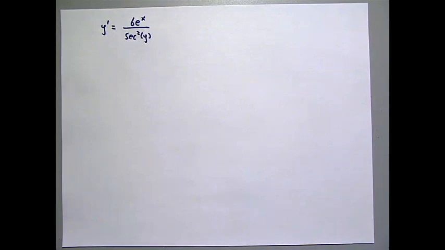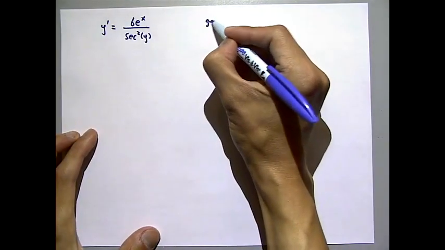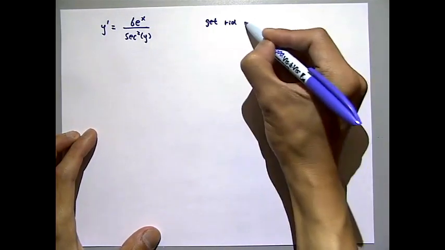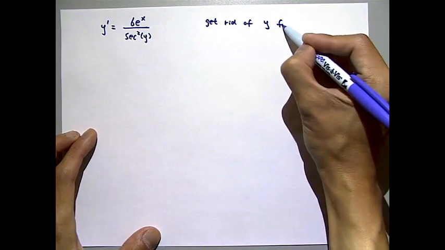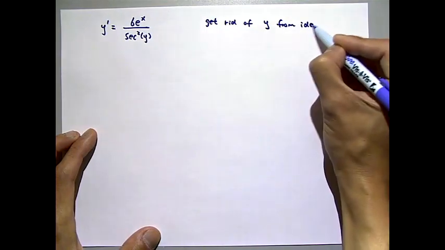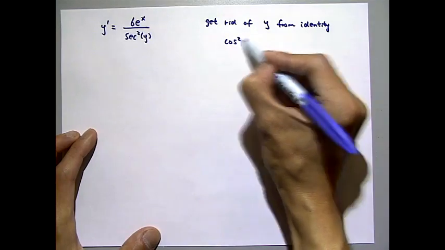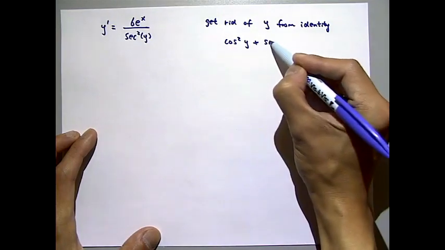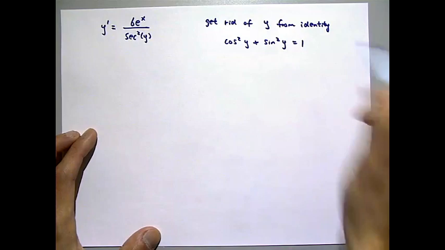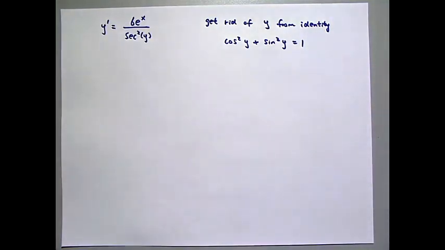And now we use one of the identities to get rid of y. Remember, if you know just this one here, you can always divide by sine or cosine as needed to get the other ones you need.